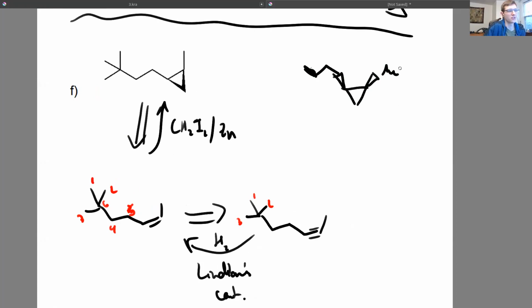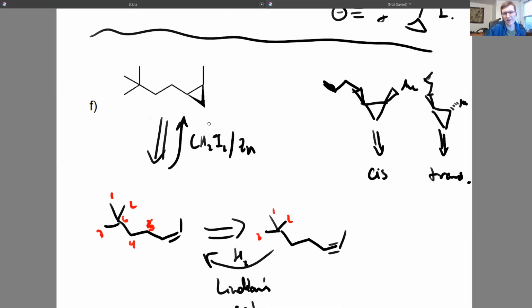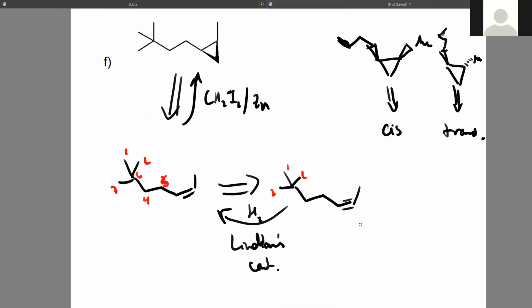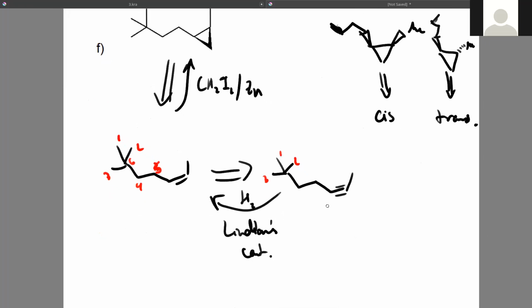This comes from the cis double bond, and if they're opposite to each other, this comes from the trans double bond. This question doesn't really draw that. I just assumed that these were both wedges, but they don't have to be. This question doesn't make it clear, so it doesn't make a difference. Okay, thank you. Yeah.